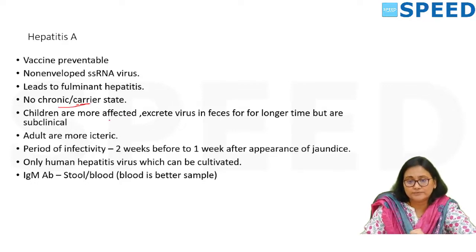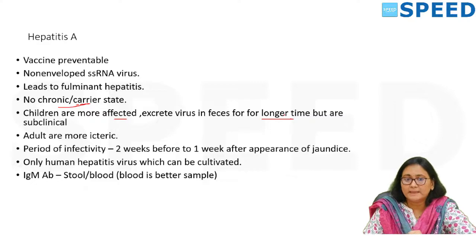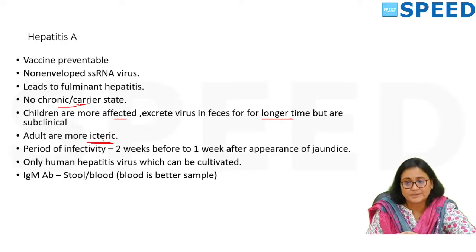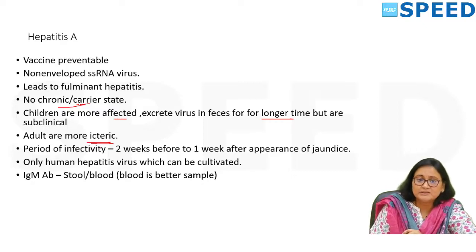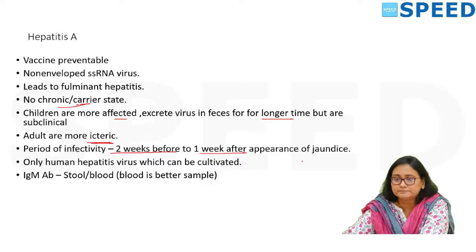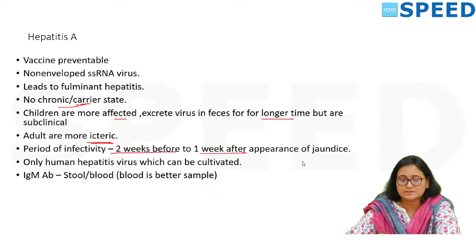Children are more affected and they excrete the virus in the feces for a longer time but are subclinical. Adults will show icteric symptoms more prominently, and the period of infectivity is 2 weeks before to 1 week after appearance of jaundice.